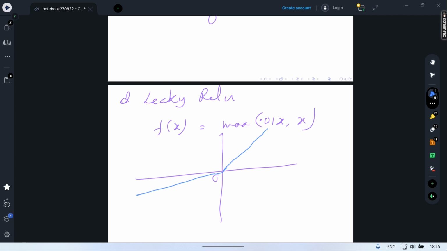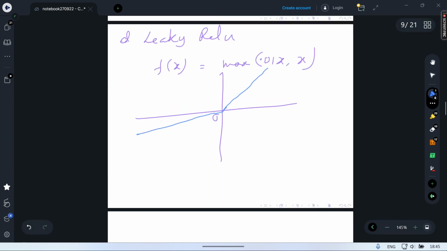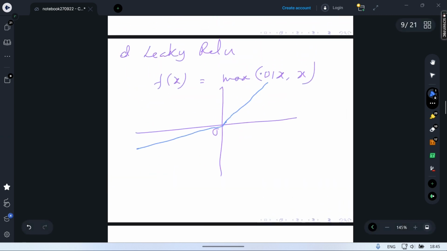As a result, it has some non-zero gradient for the negative region of x also. But leaky ReLU has one problem: the gradient does not exist at the origin. At 0, the gradient is undefined because of this kink.